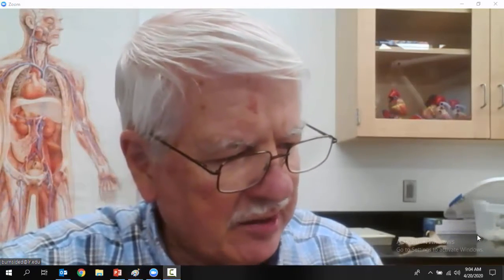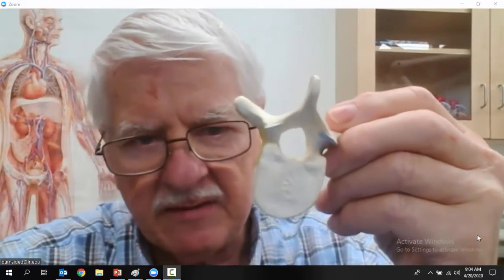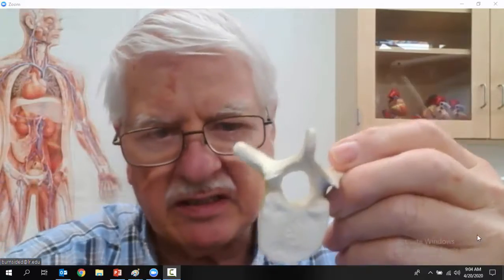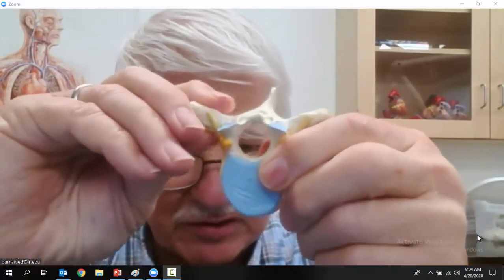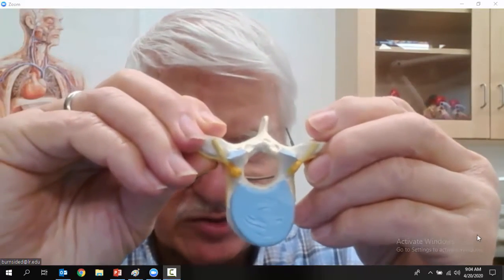So now let's look at a typical vertebra, okay? And that would be this vertebra. I'm using this because it has colors on it, so you can see the different features.